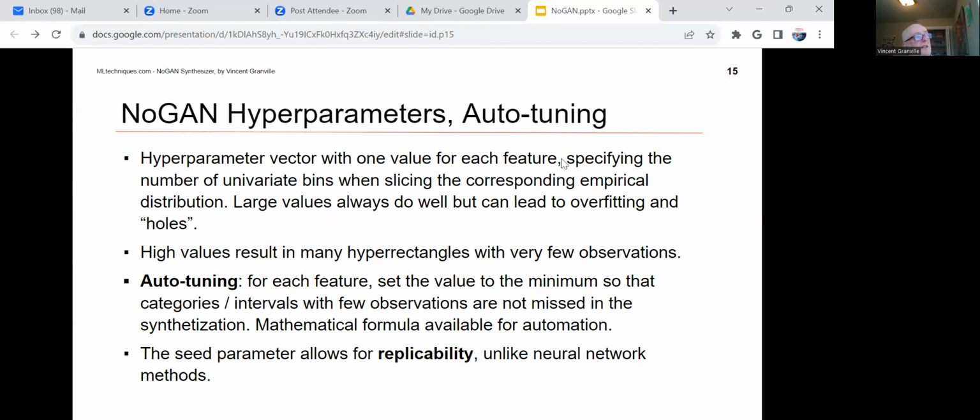It might replicate the training set very well, but the match with the validation set might not be as good, and then there are some other issues that are created when you use a large value of these parameters, which I don't have the time to discuss. So in a nutshell, you want to use values that are not too large, but large enough to create something that's good. And there are some mathematical formulas. I don't have the time to go into that, but it can be automated.